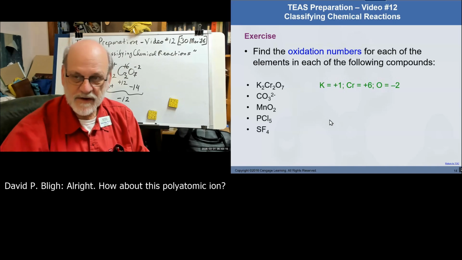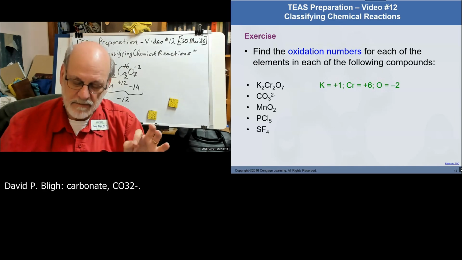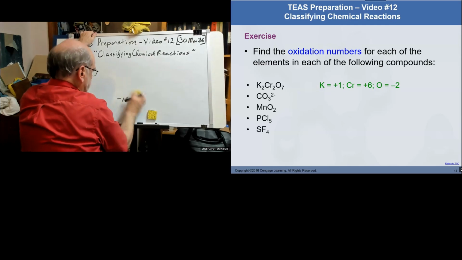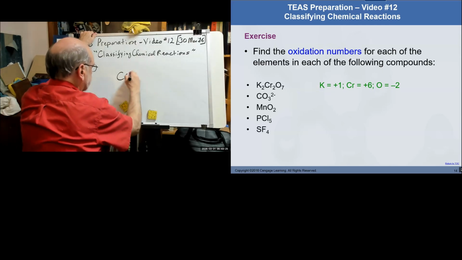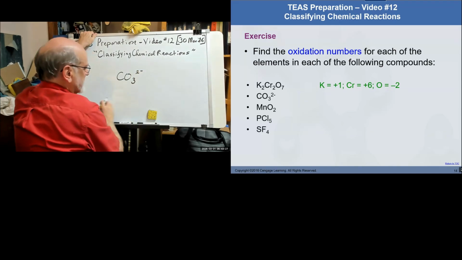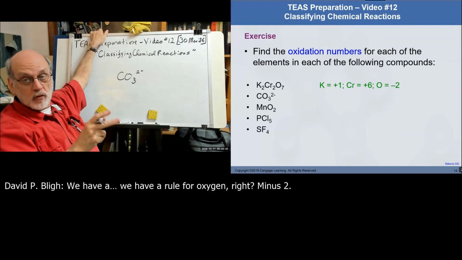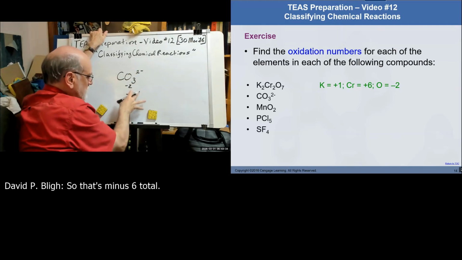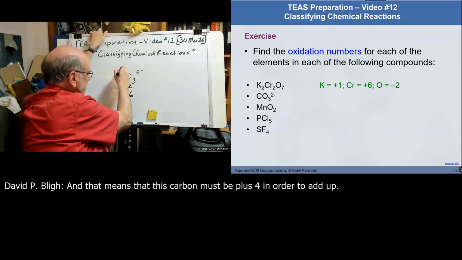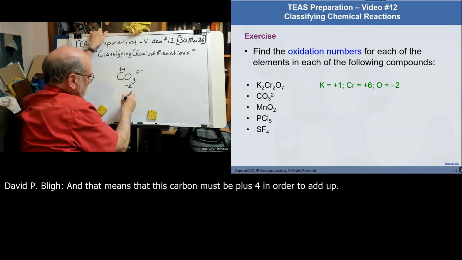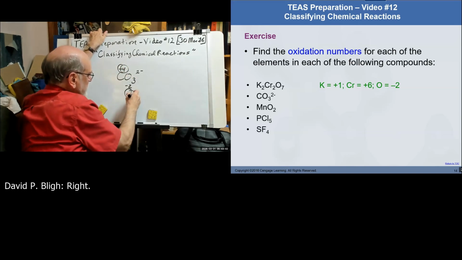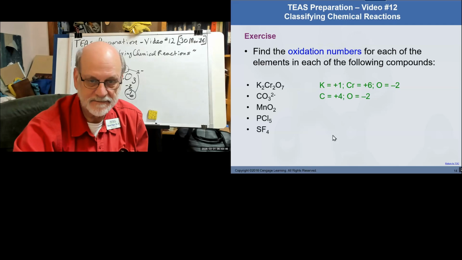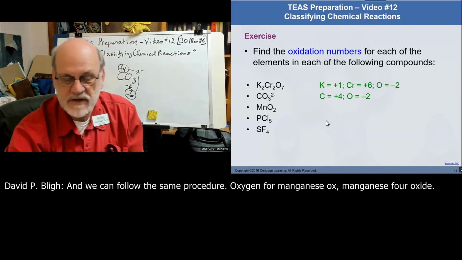All right. How about this polyatomic ion, carbonate, CO3 2 minus? We have a rule for oxygen, right? -2. So that's -6 total. And that means that this carbon must be +4 in order to add up to a 2 minus. We can follow the same procedure.